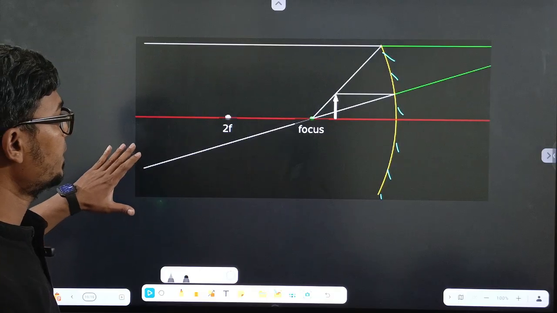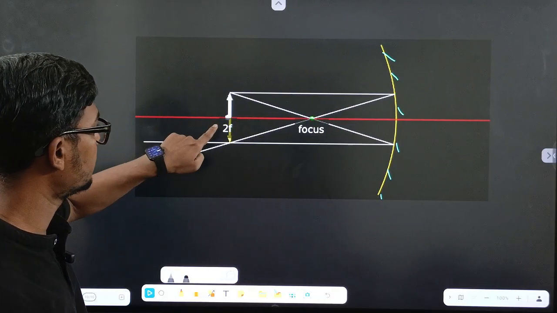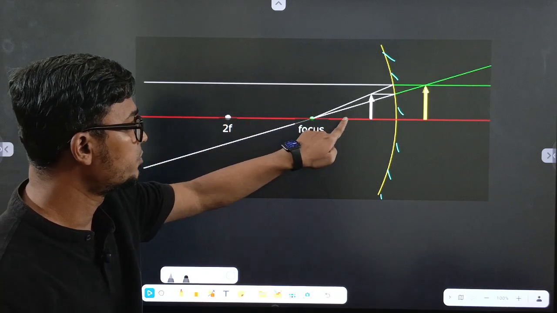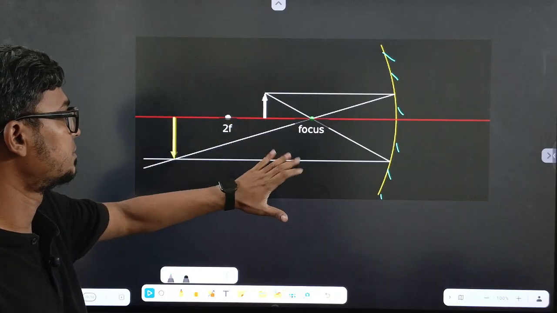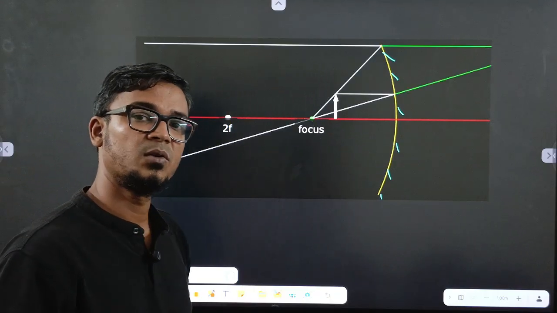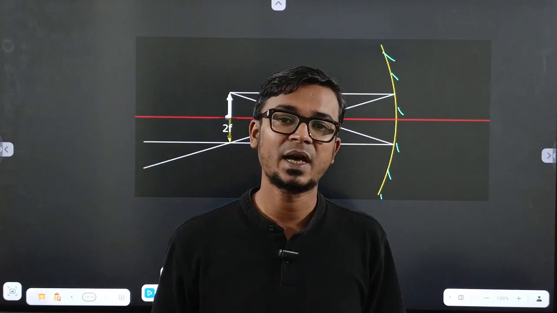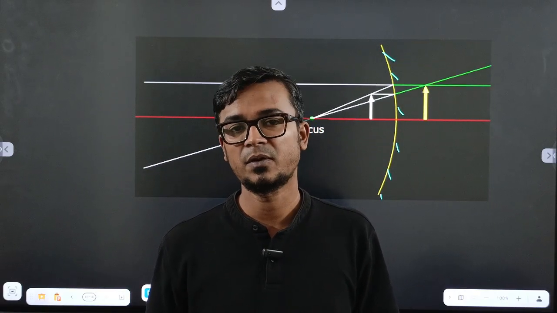We can see here from infinite distance to the center of the curvature, to the focal point, to between the focal point and pole, how the image is forming. So these are the rules for drawing any kind of image diagram for a concave mirror.